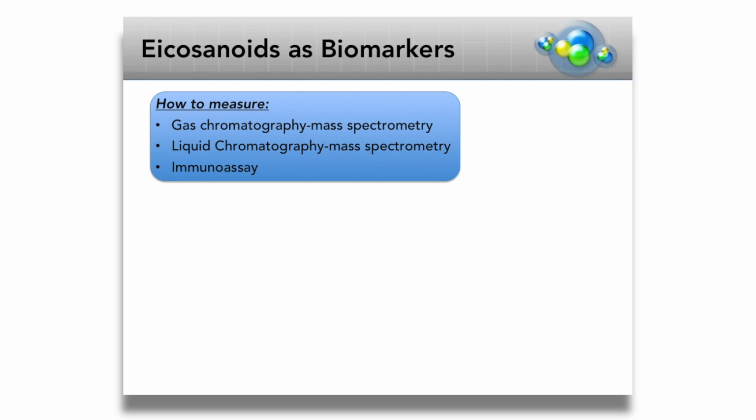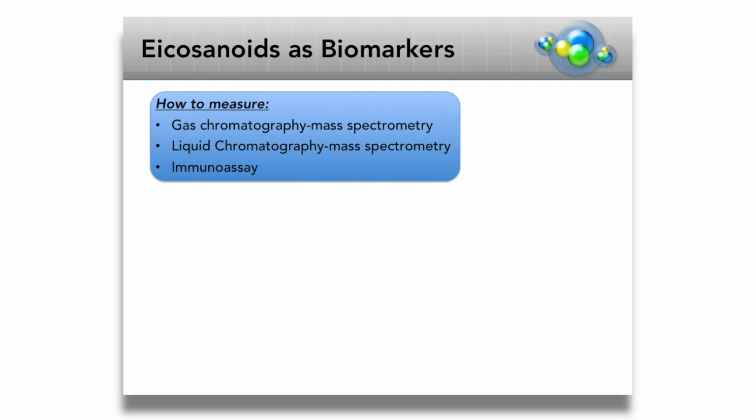There are still many labs today which use GC-MS to study these molecules due to its sensitivity and ability to measure very low levels of these compounds. In more recent years, liquid chromatography mass spectrometry has been used due to its ease of use compared to the derivatizations that are needed for GC-MS.